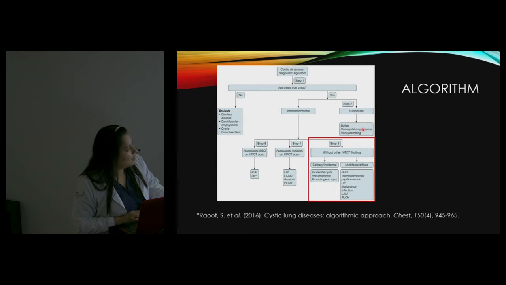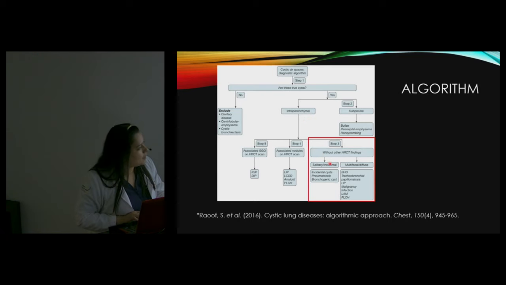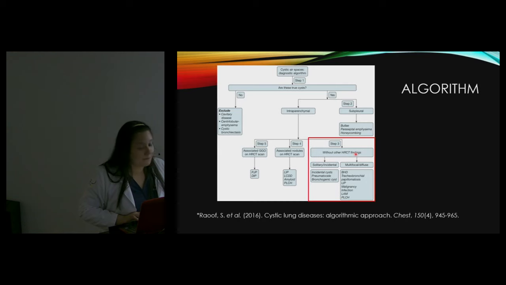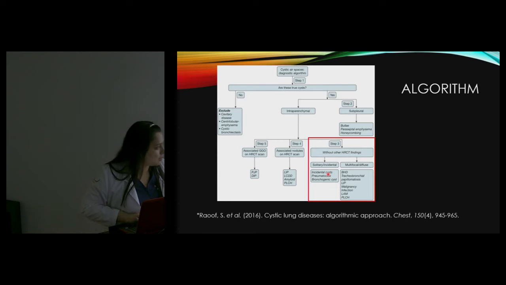Then the next step when we talk about intraparenchymal cystic lesions is to define if they associate with another high-resolution CT findings. If they are not, they can be solitary or incidental, like in bronchogenic cysts, pneumatoceles, and incidental cysts.